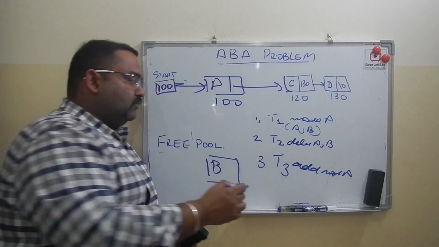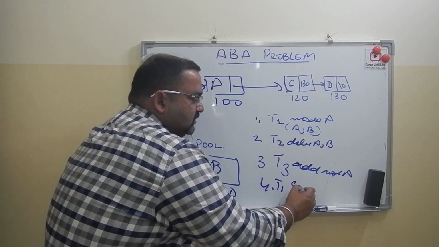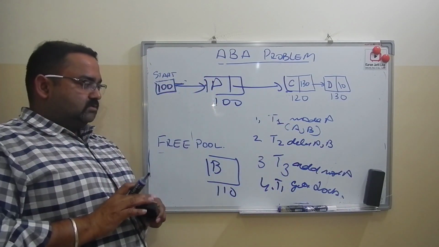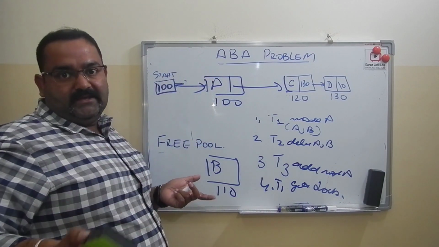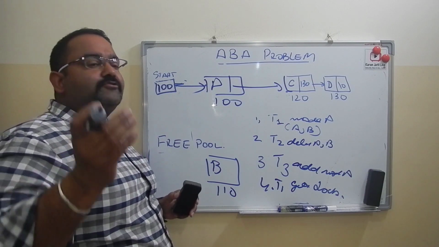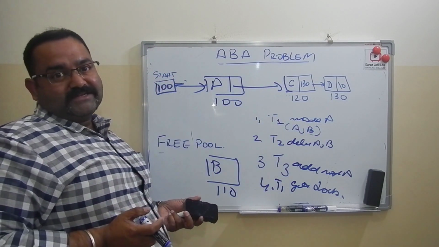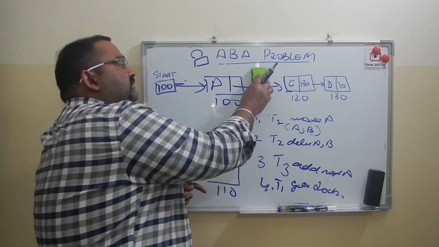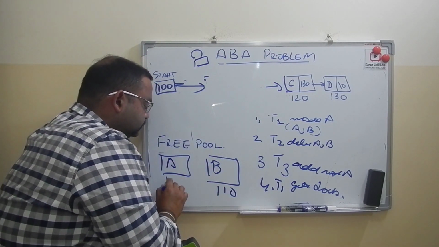Now in step 4, thread T1 gets the lock. When it gets the lock, T1 sees the first node is A, and since it is trying to delete the node, it knows the second node is B. Now it got the lock, so it deletes A and moves it back to the free pool.